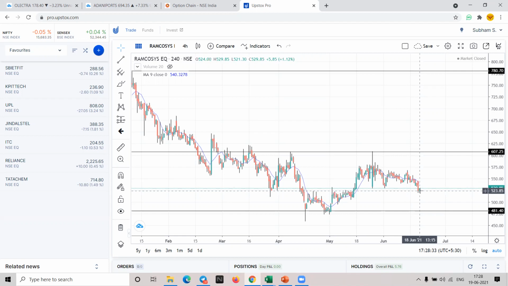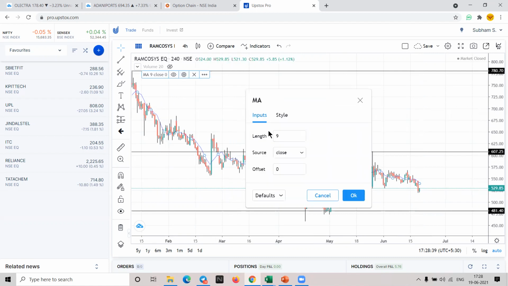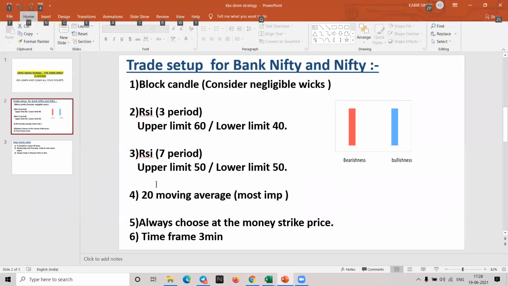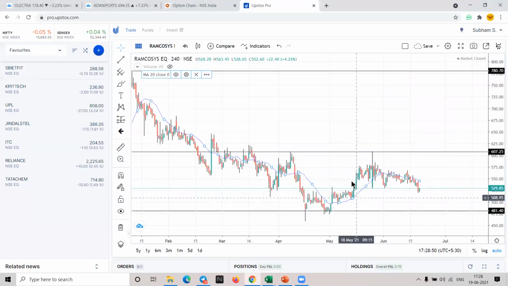So we use the simple moving average, and the time period we are using in our strategy is 20 moving average. That means the moving average plotted on our chart is calculated based on the last 20 candles. Correct?